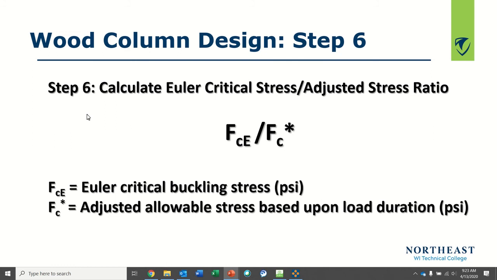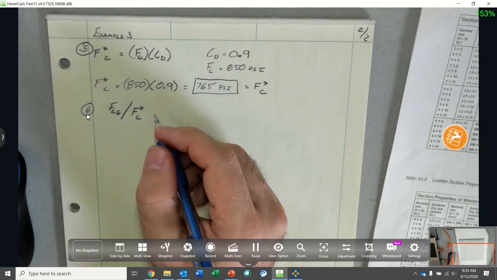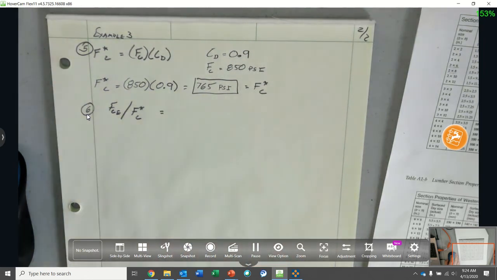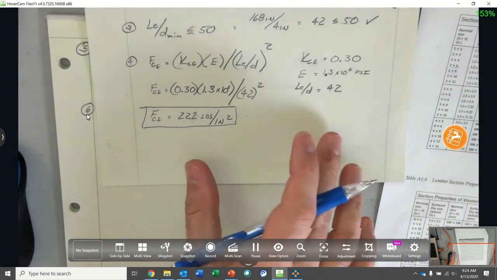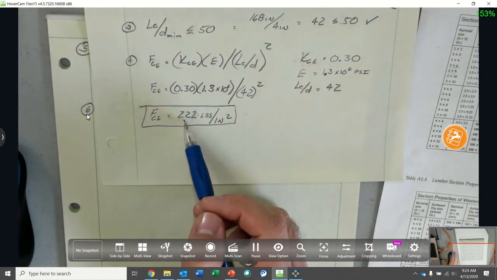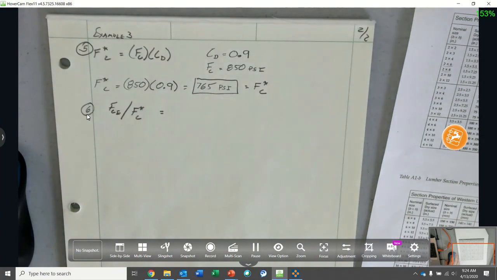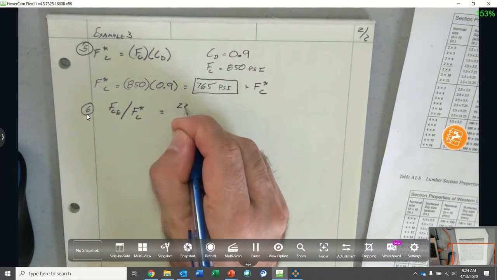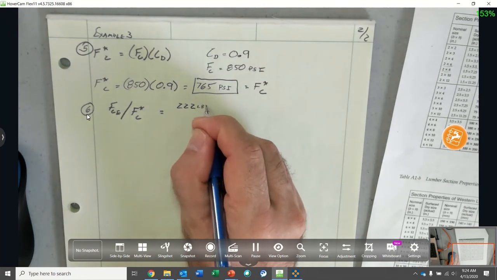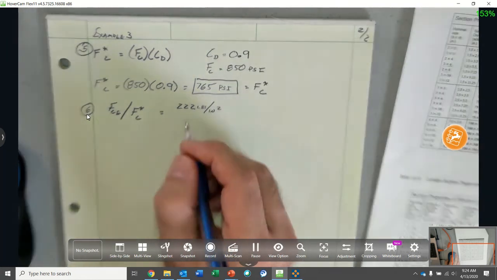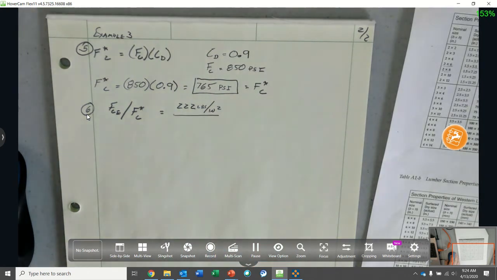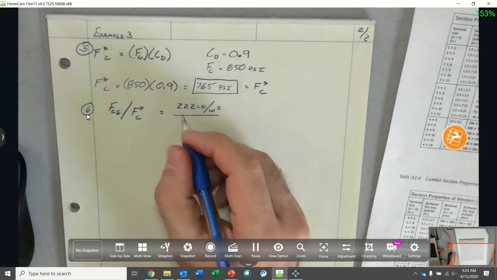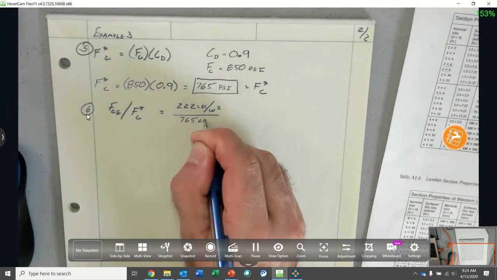So step 6, we go to FCE divided by F prime C. From step 4, here's our Euler critical stress, 222 pounds per square inch, divided by 765 pounds per square inch.